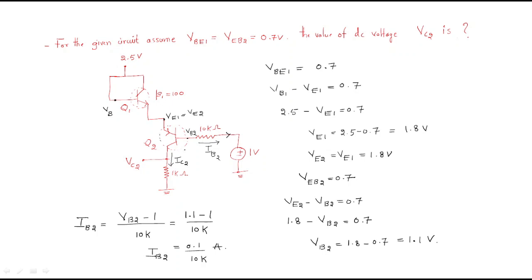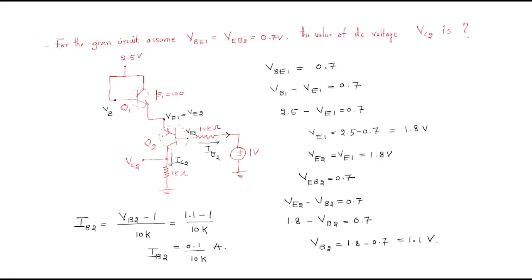We know the relation between IB2 and IC2, that is IC2 will be equal to beta times IB2. Here he has given beta 2 but it is not mentioned, so we should write beta 2.